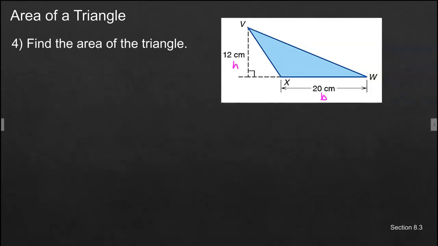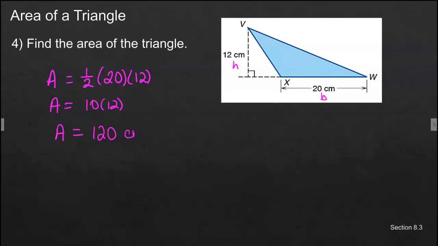And you can see that even though it's drawn outside the triangle, it's perpendicular to the base. So 1/2 the base times the height. 1/2 of 20 is 10, so we're going to take 10 times 12. So we get an area of 120 centimeters squared.